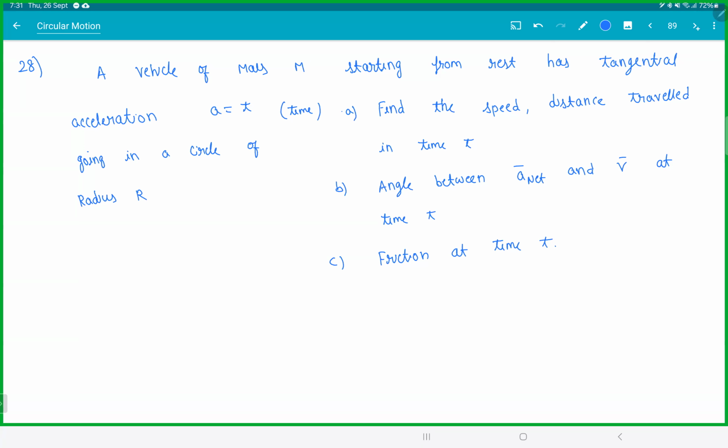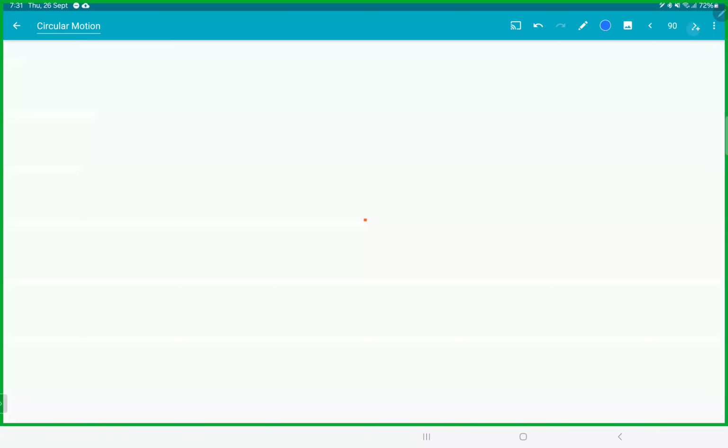Right, Ansh. Let's see. First thing, a is equal to t. So acceleration is not constant, so you can't use your kinematics. If you got an answer, you can type in the chat box to the co-host here. So a is equal to t, so dv by dt is equal to t. Integrate this, so dv is equal to t dt. Limits 0 to v, 0 to t.